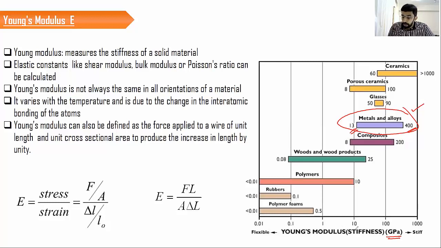When the Young's modulus increases, it means the material is more stiff. When it reduces, it means it is very flexible. If you take a metal and rubber, you can easily understand the flexibility and the stiffness for a particular load applied.